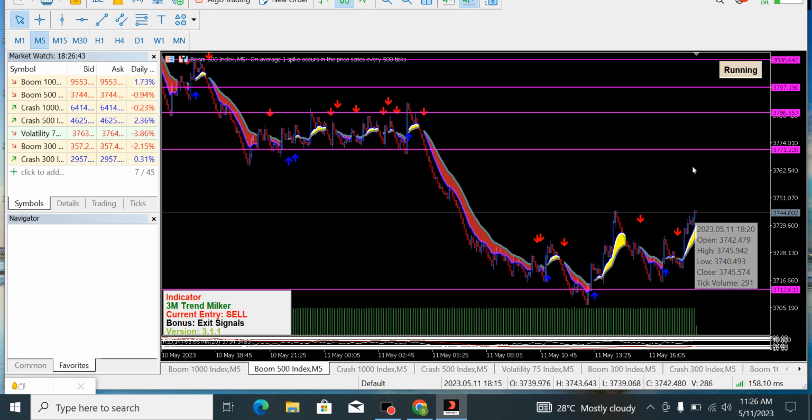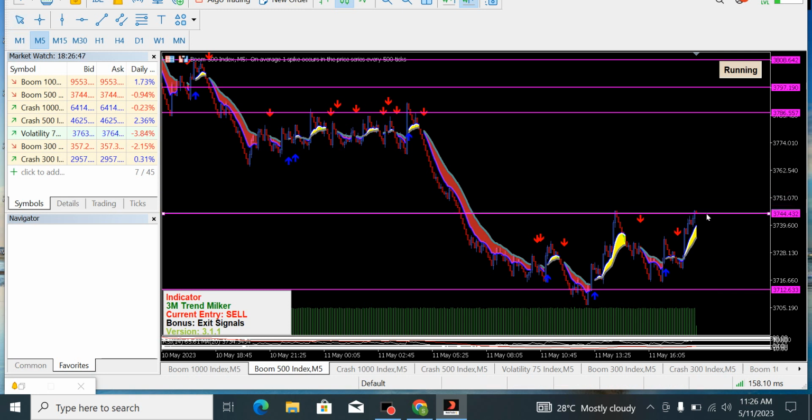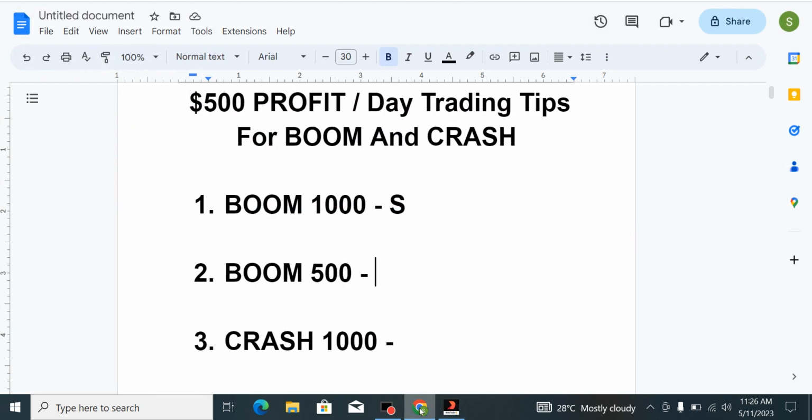Once it breaks out above it, then it will keep on buying. Okay, so that is very, very important. So this should be giving us more of a buying opportunity than a selling opportunity, most especially once it breaks out above this resistance zone.